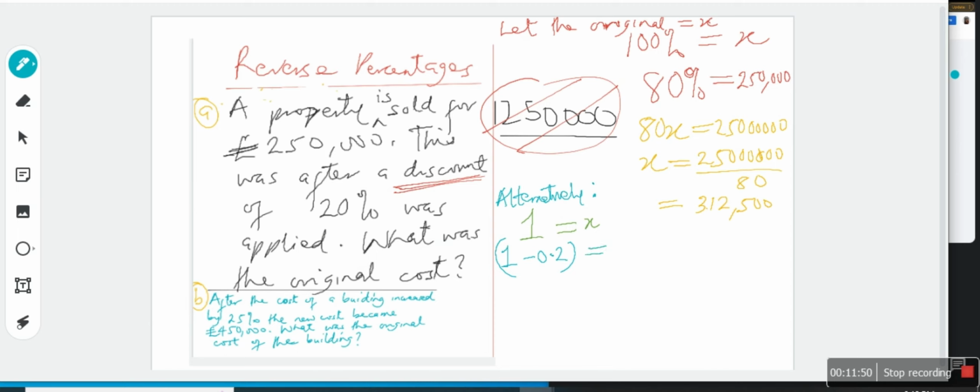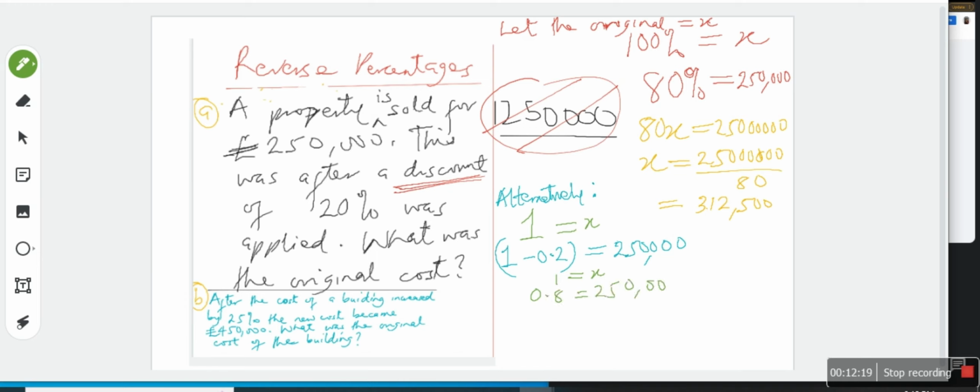So 1 minus 0.2 is that cost we are given there, which is 250,000. This will eventually become 1 equal to X, then 0.8 equal to 250,000.